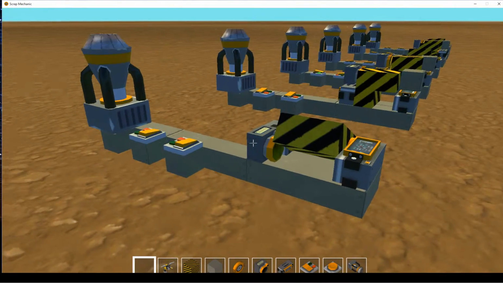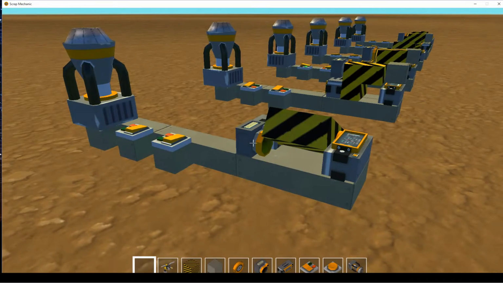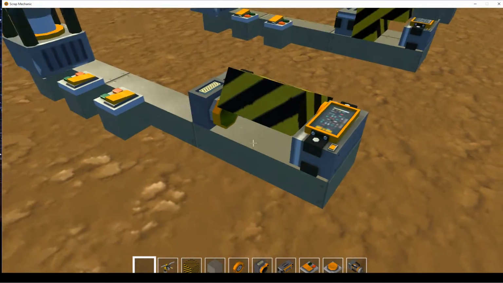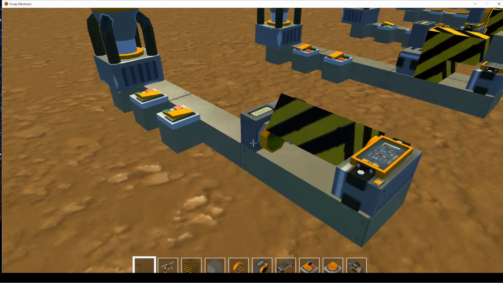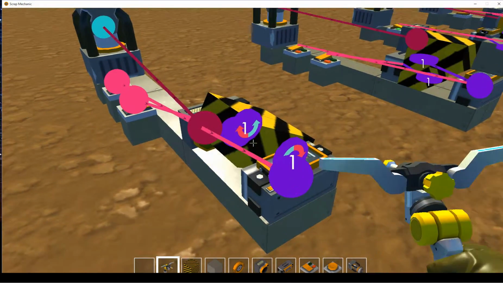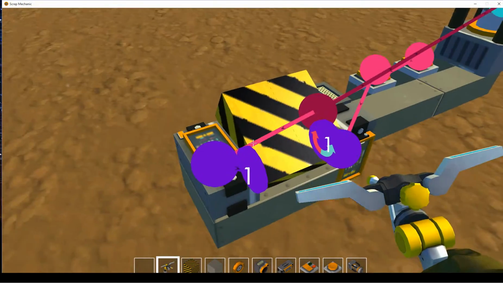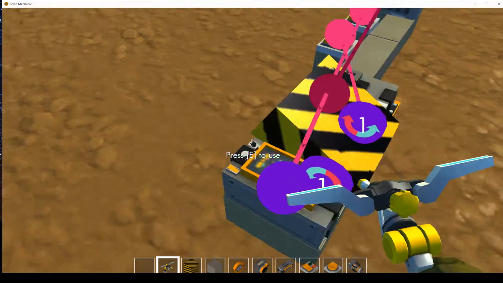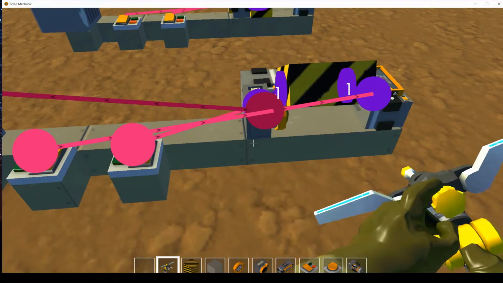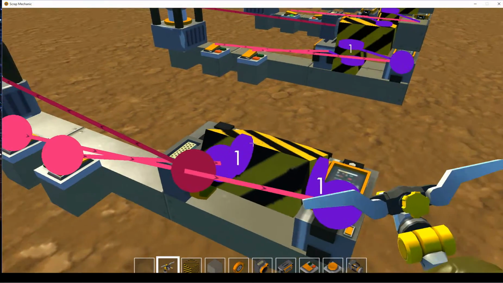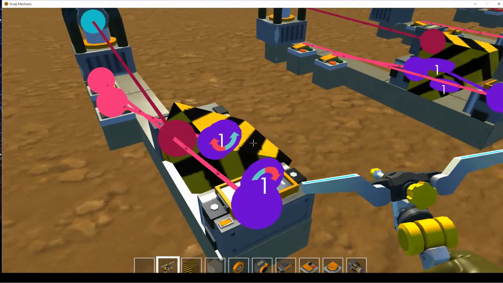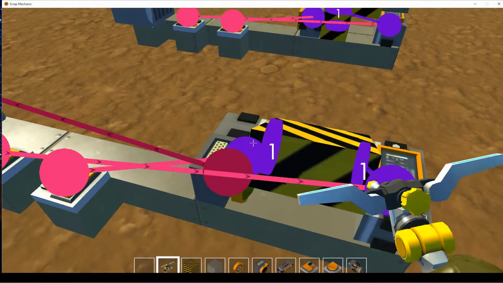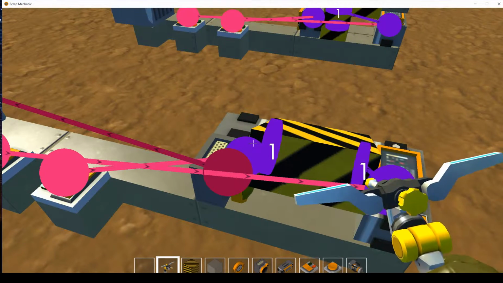So here, we have a sensor that serves as the sensing device, and then we have these rotating arms which hit the sensor. We have bearings on these yellow and black caution tape blocks, and the thing that's attached to a bearing is a separate structure from the other side of the bearing.